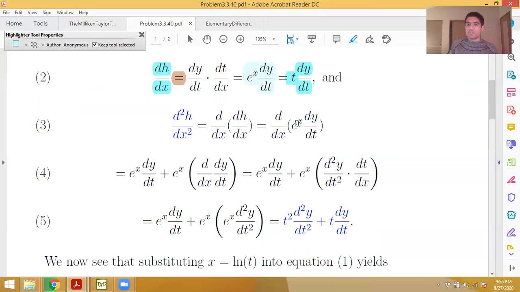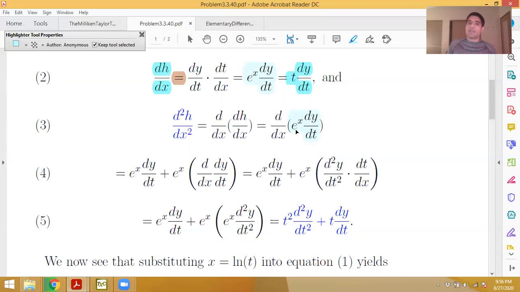So that's what we're going to use here, e to the x times dy dt. And now I want to take an x derivative of this. And remember, dy dt is still a function of x as well as t, because t and x are related. So I have to use the product rule here.